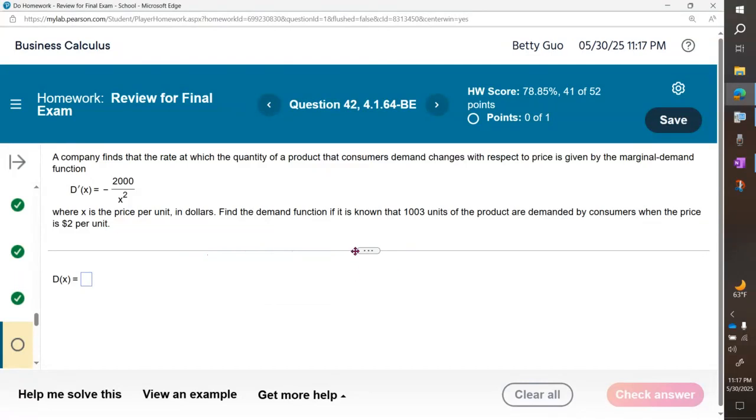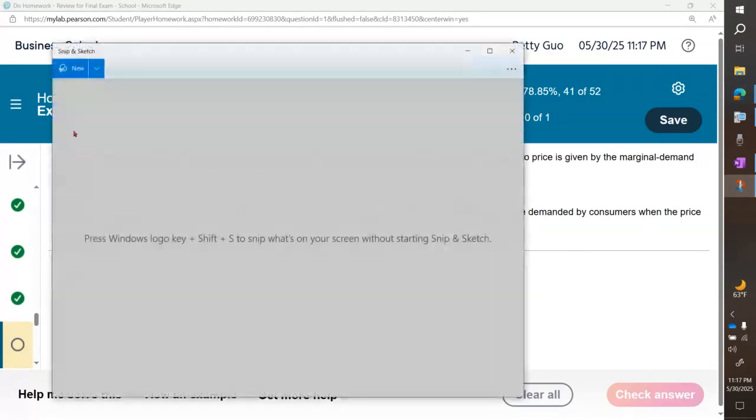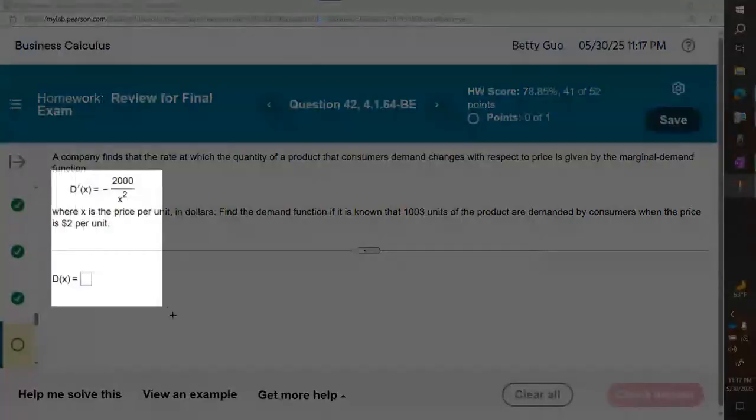Find the demand function if it is known that 1,003 units of the product are demanded by consumers when the price is $2 per unit. So we are given D prime, and we are looking for D.